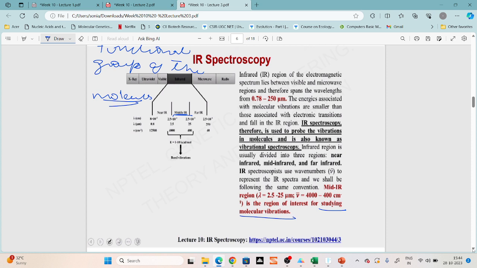That means not all of the infrared range is responsible for studying molecular vibrations. So when we talk about vibrational spectroscopy, we are actually studying the middle infrared radiations. Is it fine?